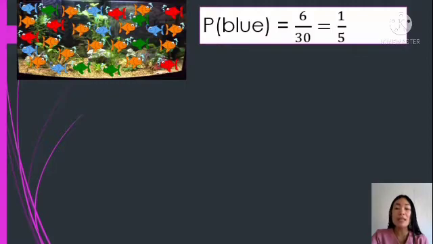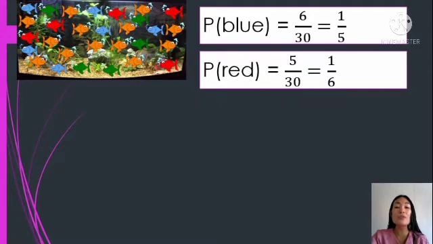Because there are 6 blue fish inside the aquarium and there are 30 total number of fish in the aquarium. That is why it's 6 over 30. And then we will simplify. This will become 1/5.